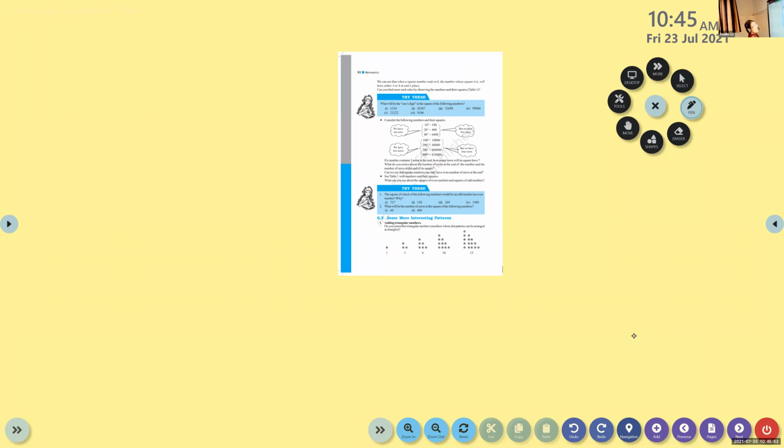What we wrote last? 20 square equal to what? 400. First of all, square the number, then put 2 zeros. 700 square. Did you write these square numbers? Ma'am, we didn't write. We just discussed. Okay.